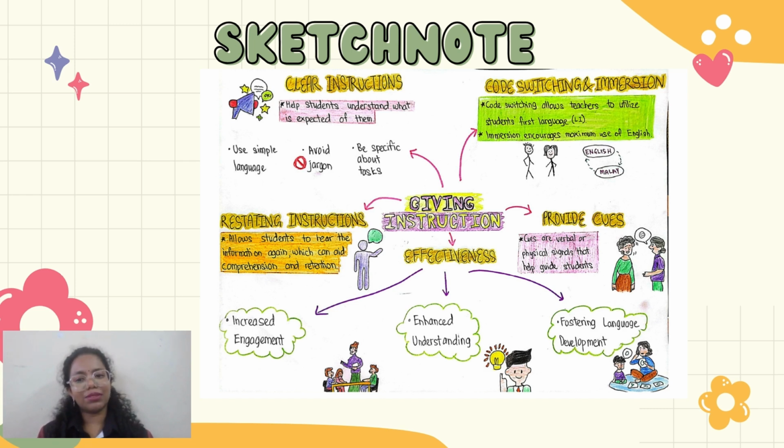Moving on to the last effectiveness, which is enhanced understanding. Teacher Wall frequently checks for understanding by asking students to repeat instructions and uses code switching when necessary to ensure students grasp the material.